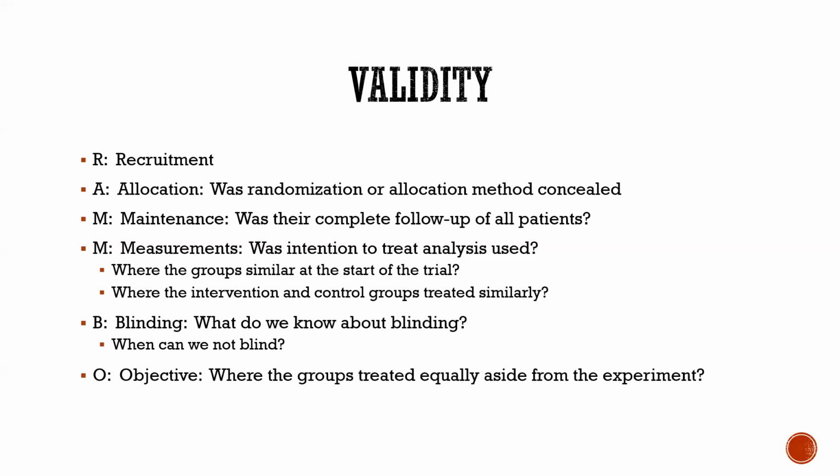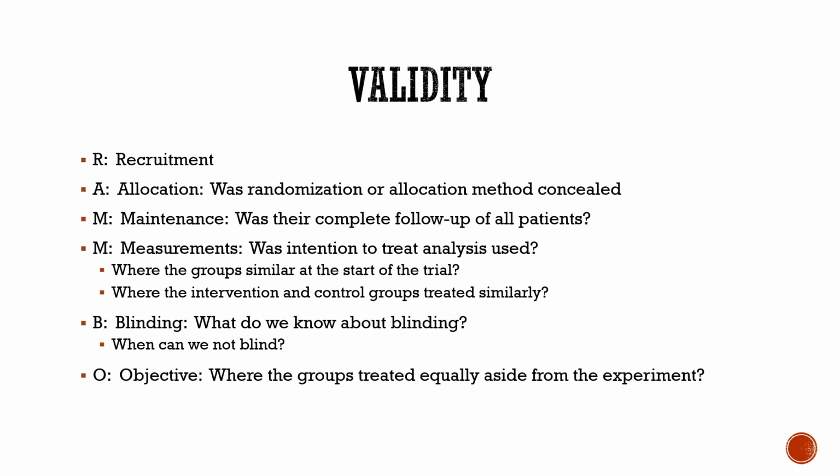The A is allocation, and here, this is talking about randomization, how the randomization was done. It's different as a researcher or as a clinician. We'll talk about this in a bit, but the best way to randomize is using a computer program where you have no way to manipulate. You'd be surprised.